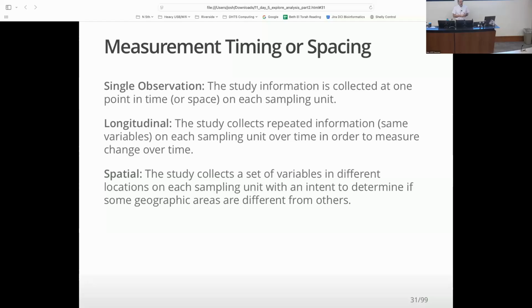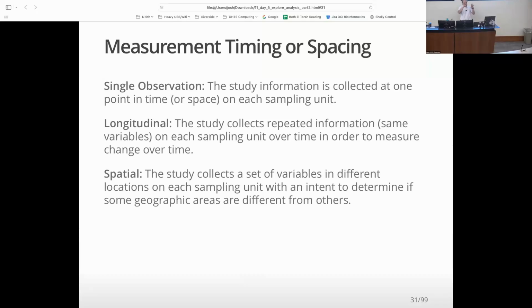And then you can also have multiple measurements over space, right? It can be that I'm looking at sampling units in different geographical areas, or, a really popular area of research these days is spatial transcriptomics.